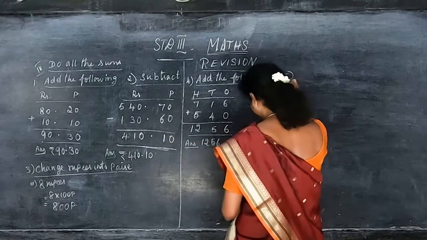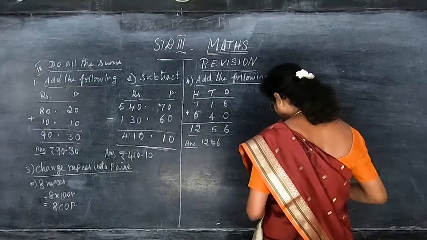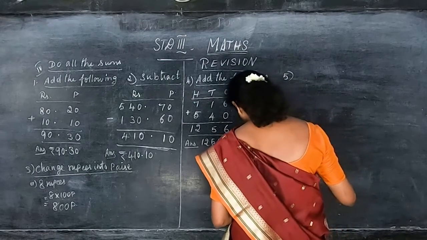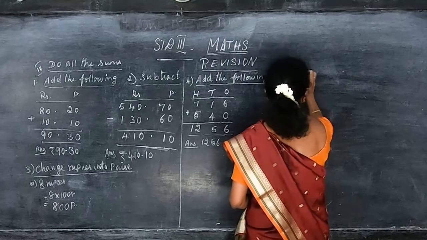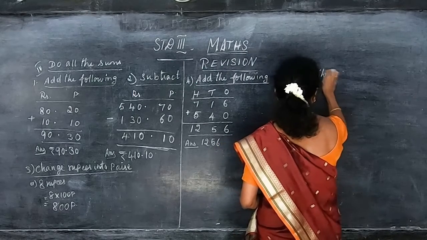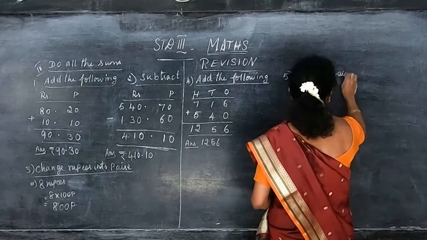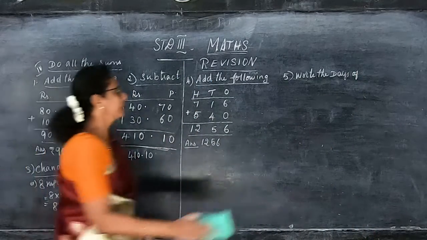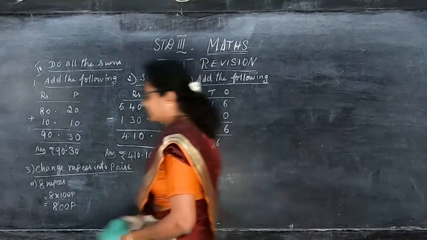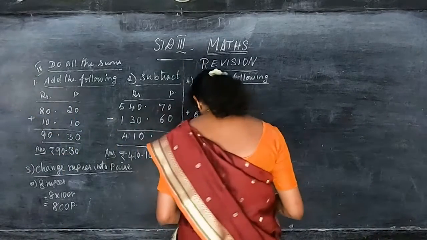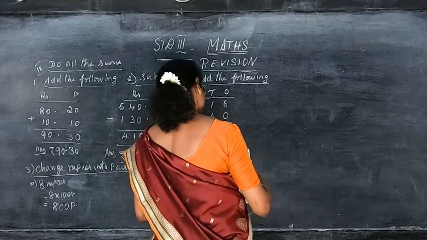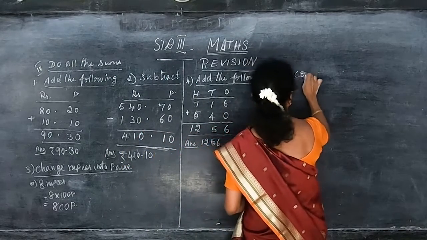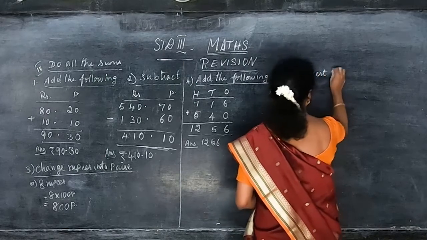Fifth sum. Write the days of the week. Next one, fifth sum is convert rupees into paise.